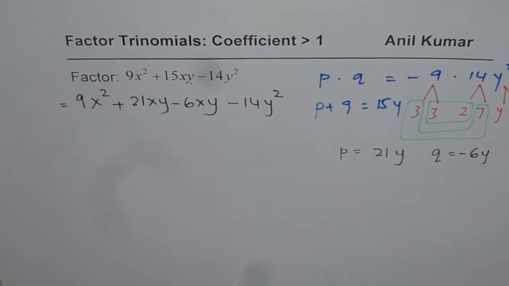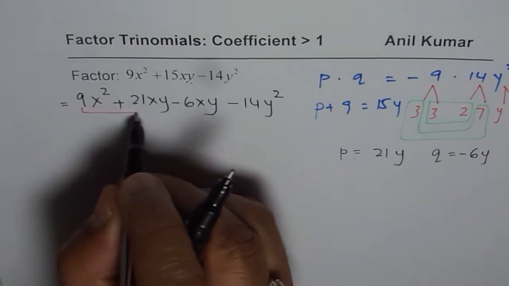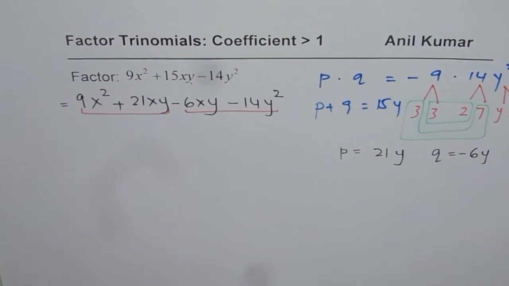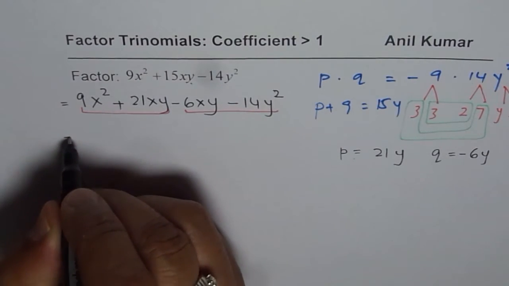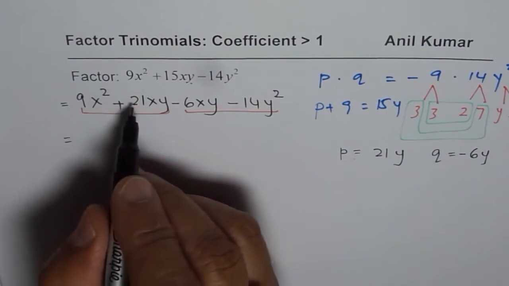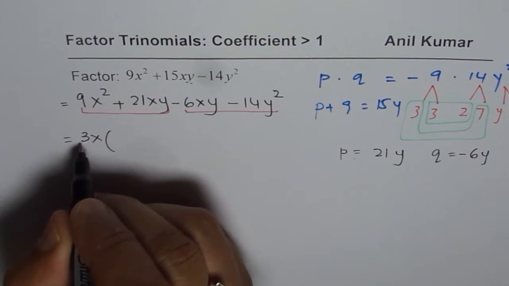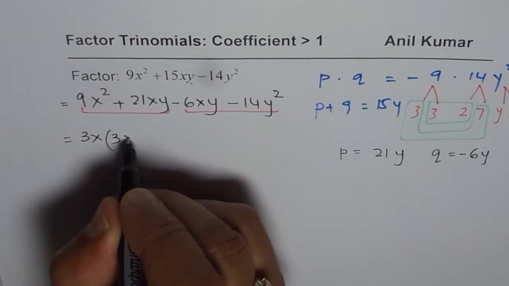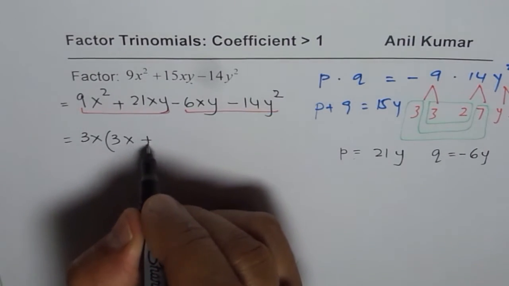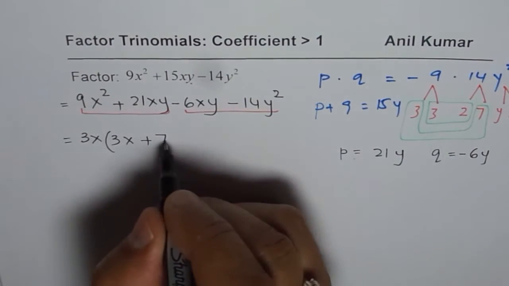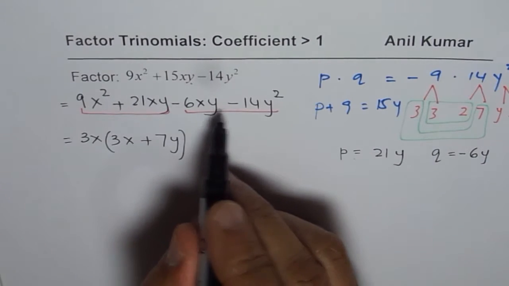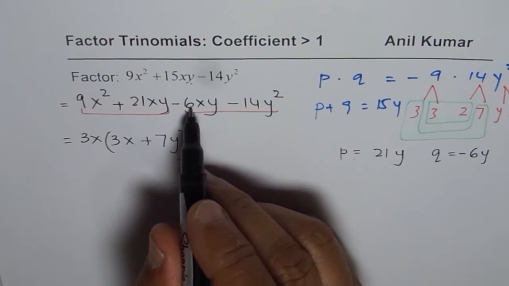Now we'll group factor, combining the first two and the last two. In the first two, 3 is a common factor and x is a common factor. So 3x. 9 divided by 3 is 3. X squared divided by x is x. Here we get plus 7y, 21 divided by 3 and y. In the second group, 2 is common and y is common.